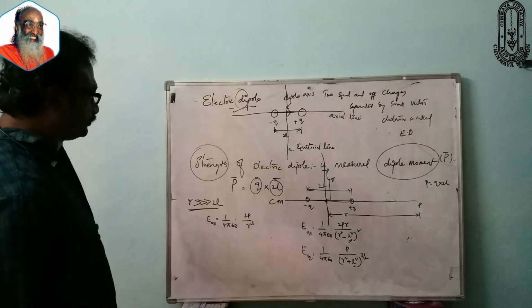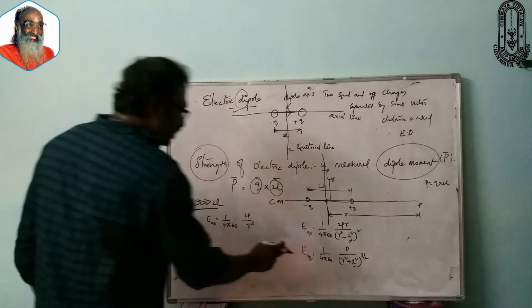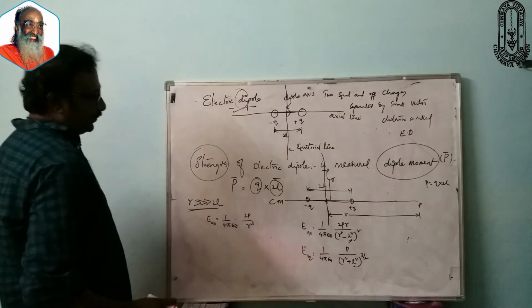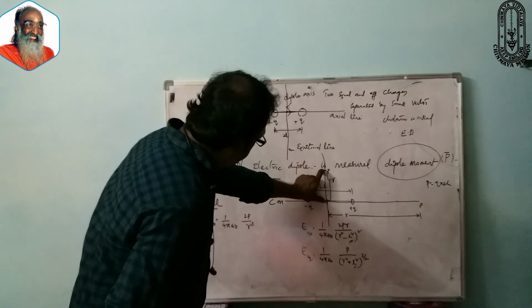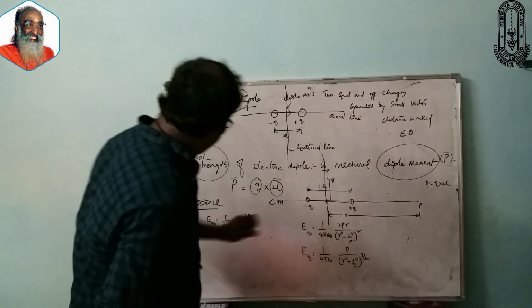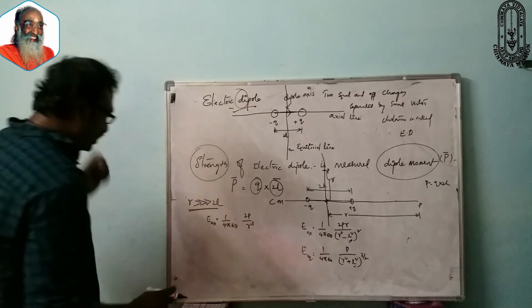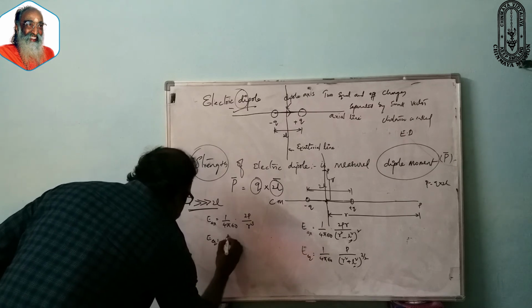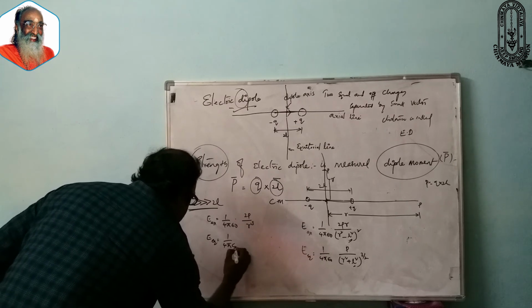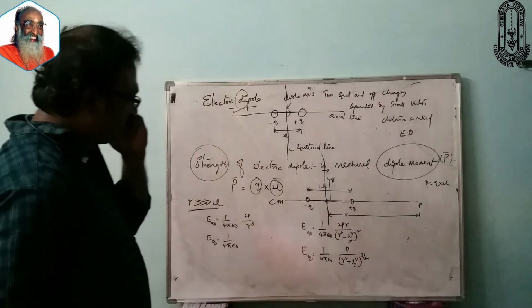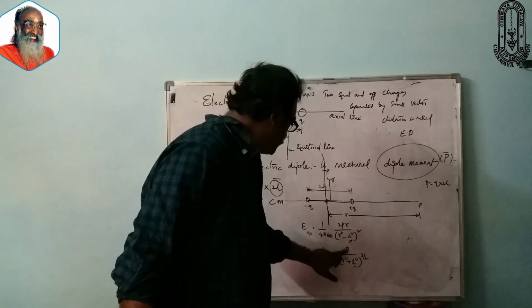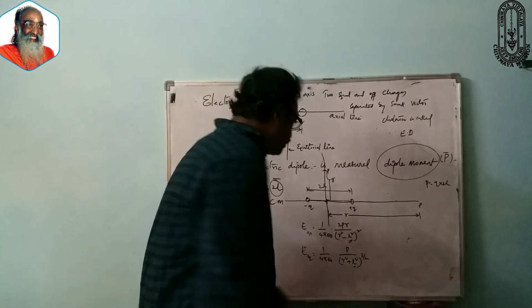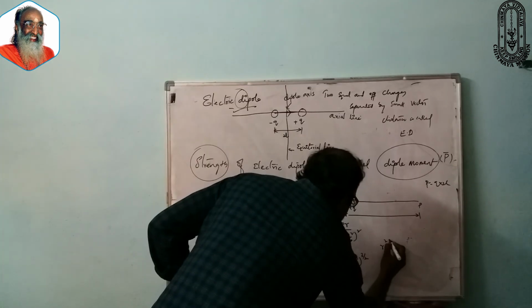Similarly, if you go for the second one, the equatorial line. If the distance is very much bigger, that means R is very much greater than 2L, then E equatorial is equal to 1 by 4 pi epsilon naught, and if it is bigger, we can neglect this value. So p by (R square) whole to the power of 3 by 2, so it becomes R cube.